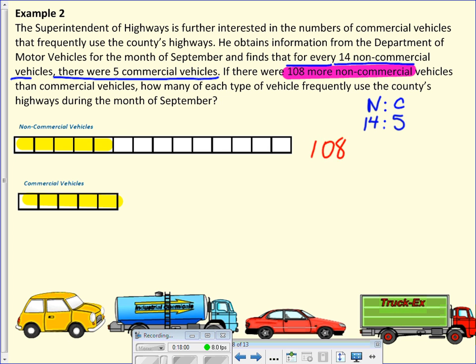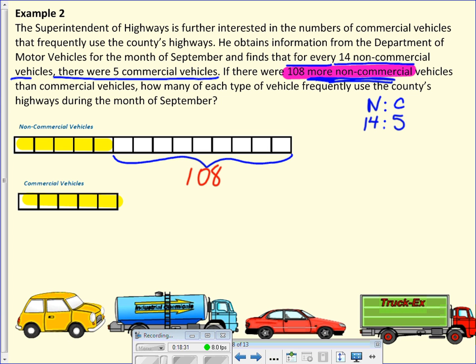No. Does the 108 equal the total vehicles? No. It represents 108 more non-commercial. So we have to see how many more non-commercial. So now write that down.